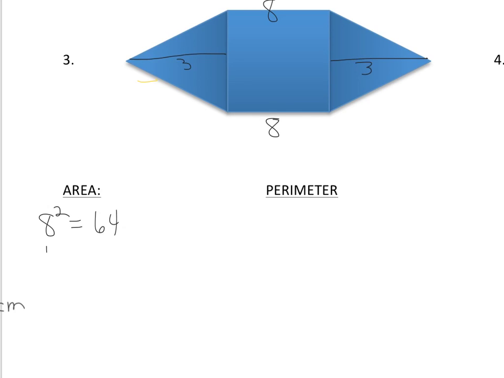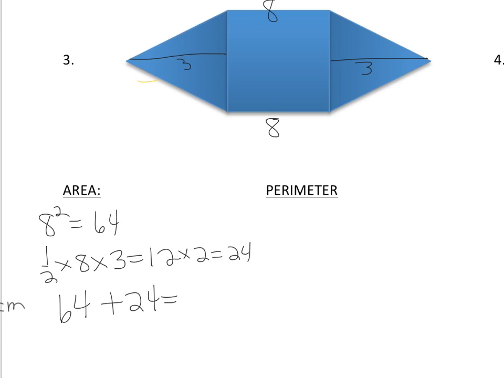The triangle is going to be 1/2 times 8 times 3, which is 12. But I have 2 triangles, so I'll multiply that by 2 to get 24. And 64, the area of the square, plus 24, the area of the triangles, gives us 88 inches squared for the area.